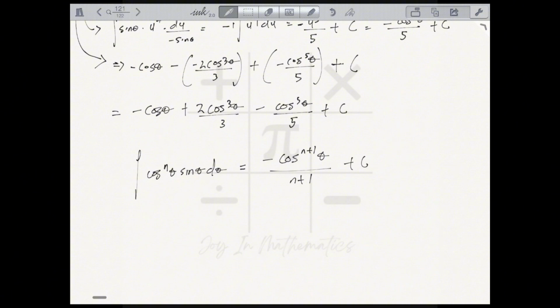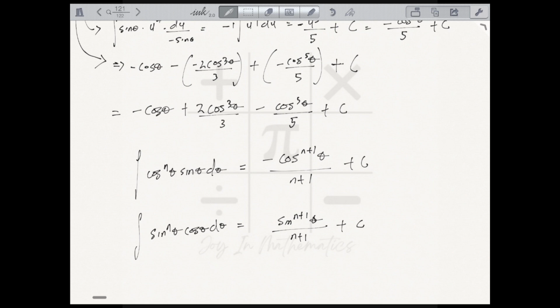And when we integrate sine n theta cos theta d theta, we will have sine n plus 1 theta divided by n plus 1 plus c.